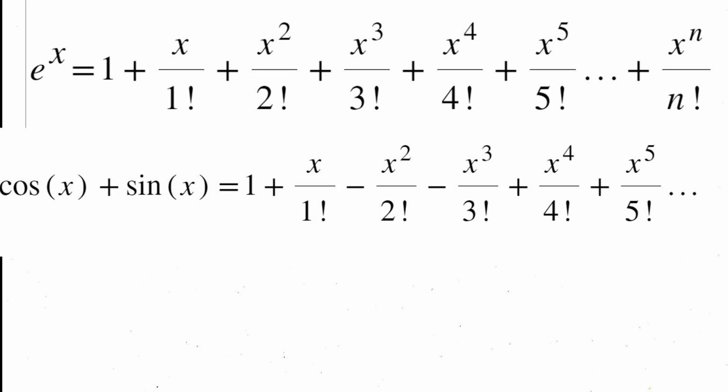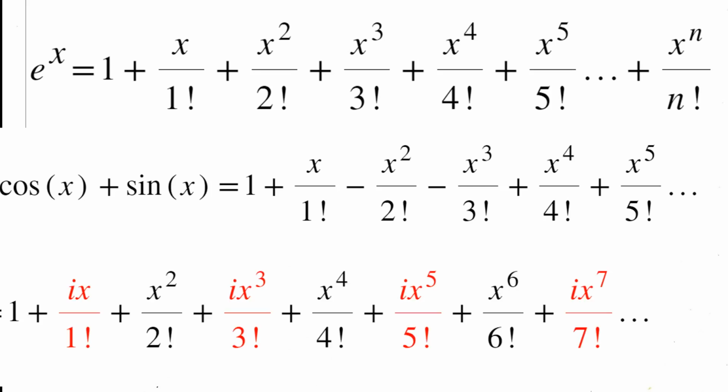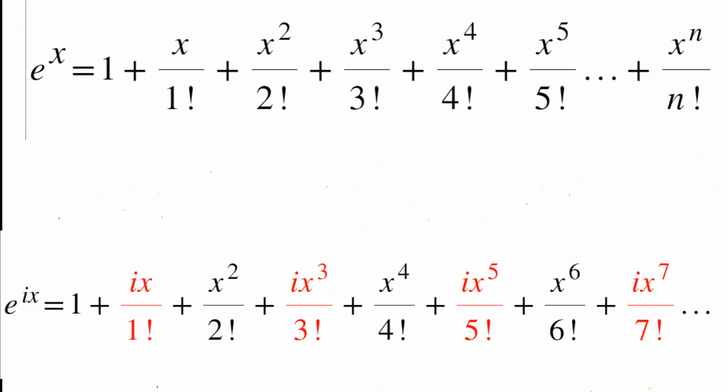We can introduce a factor i in the equation cos x plus sin x. We end up getting the same equation as e raised to power x. So we can see that we have gotten something that is similar to the equation e raised to power x.